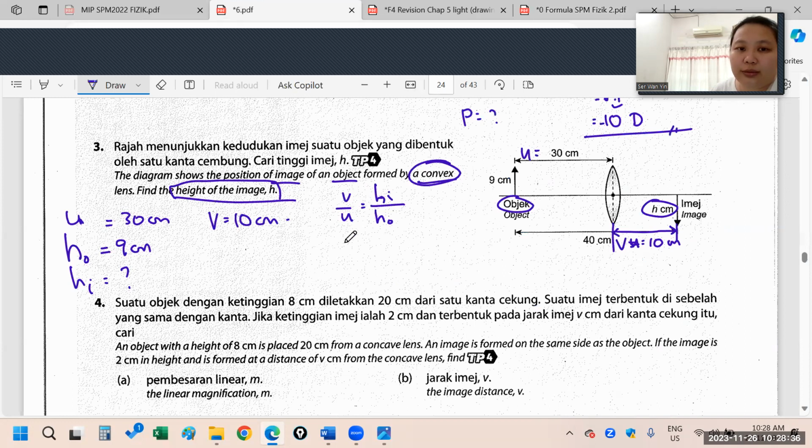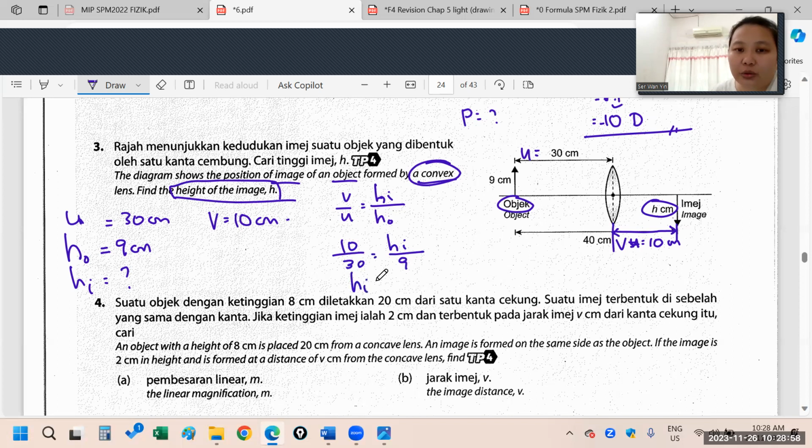So we substitute. V is 10, U is 30, HI over HO. And actually from here we can know the results already. Further will be bigger. Shorter V would be smaller.